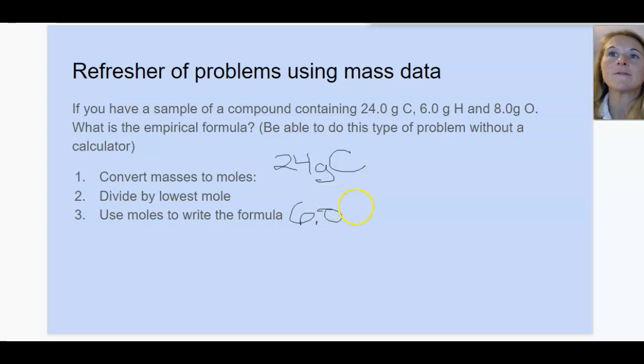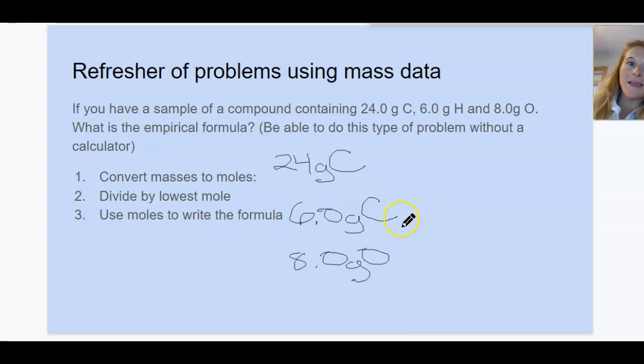Oh, forgot my sig figs there with the carbon. And 8 grams of oxygen. It's hard to write small with these Bluetooth writing tablets. What is the empirical formula?